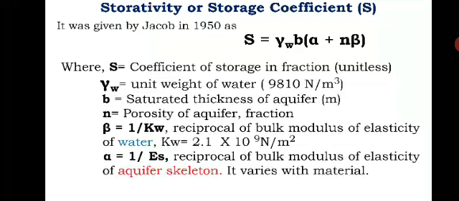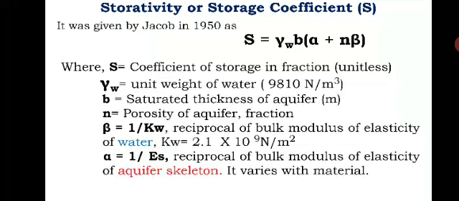B is the saturated thickness of the aquifer, which is expressed in meters. Then n stands for the porosity of the aquifer, which is expressed in percentage, so it is a fraction.